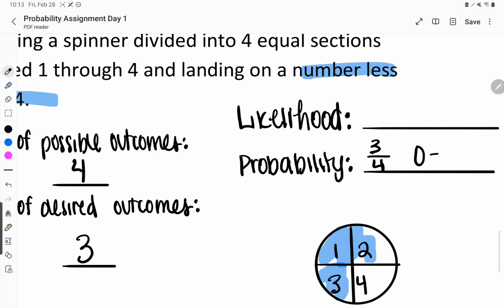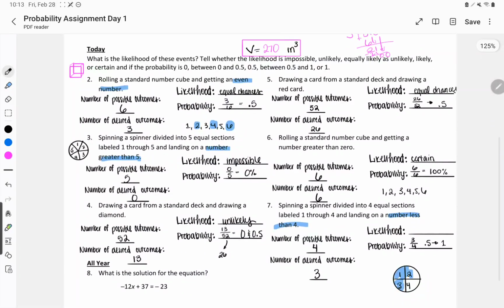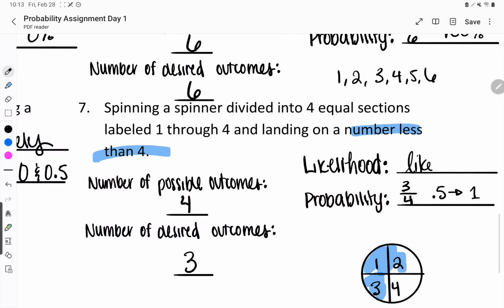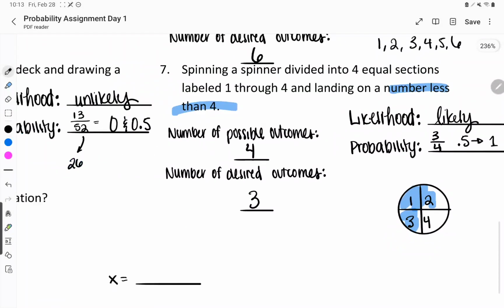It would be between 0 and 0.5. Sorry, that's a lie. It would be between 0.5 and 1. So what's the likelihood of that happening? This would be, oh, I forgot the word for it. Sorry. This would be likely. Because more than half of your chances is that you're going to get a number that is less than 4.